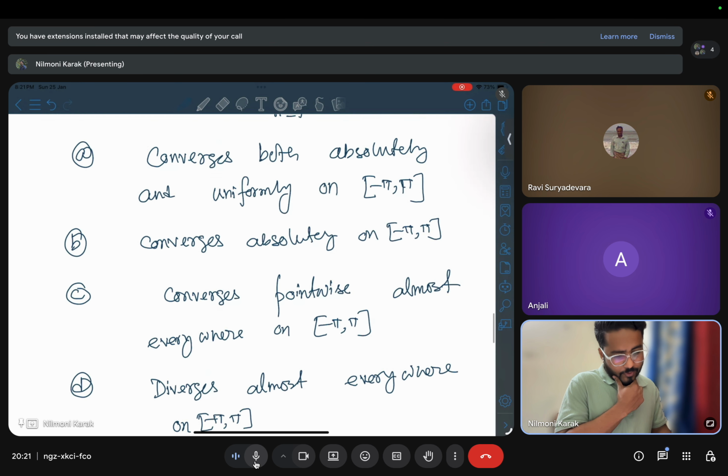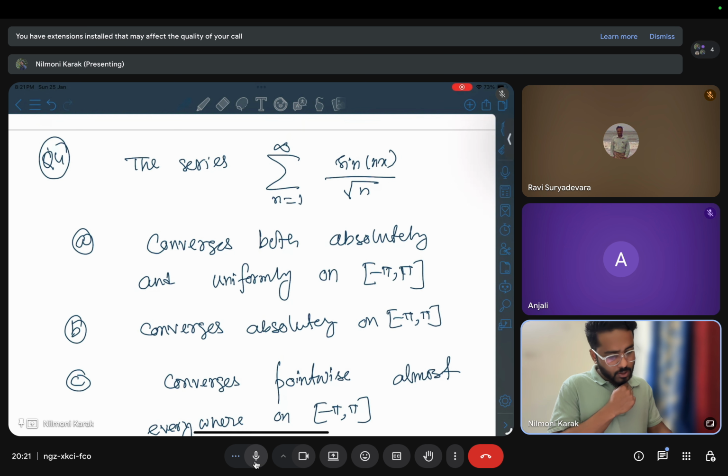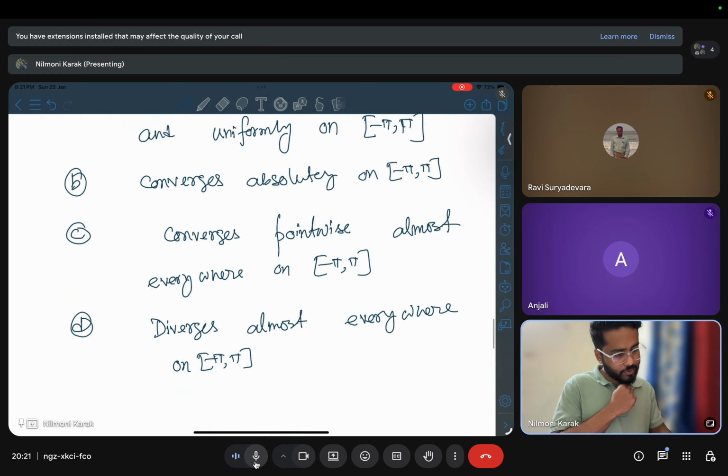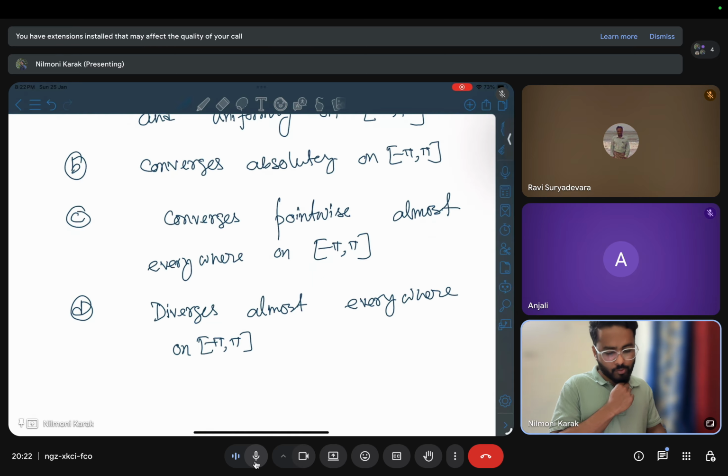So this series converges both absolutely and uniformly, only absolutely, pointwise almost everywhere, and diverges almost everywhere.